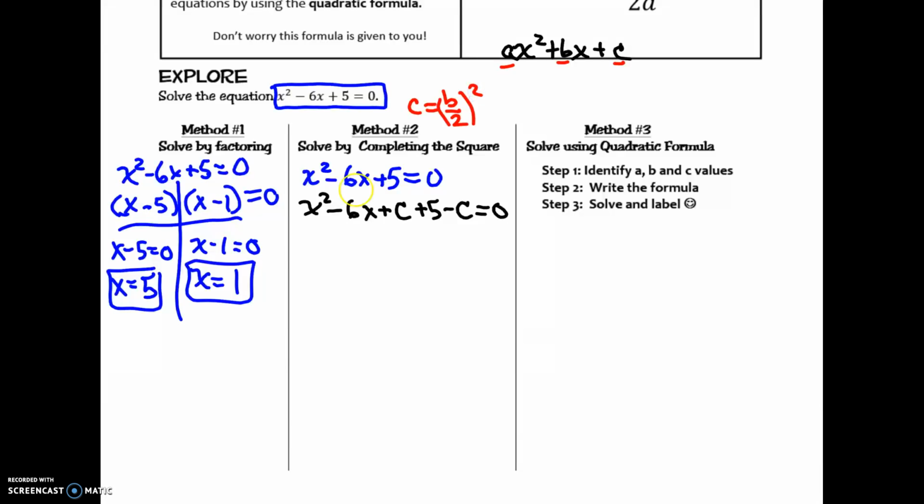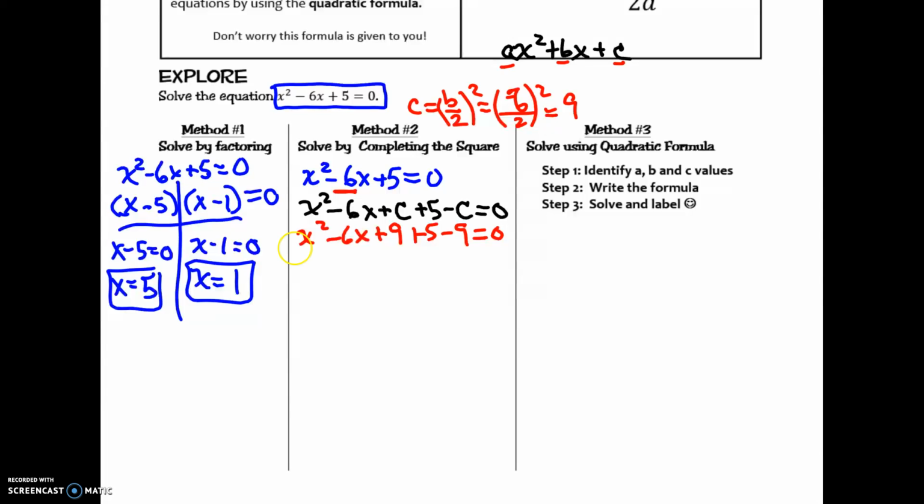So half of my -6 is -3, and -3 squared, so -6 divided by 2 squared is going to give me +9. So x squared minus 6x plus 9 plus 5 minus 9 equals 0.